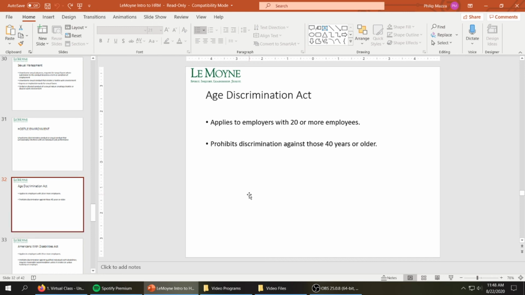Age discrimination applies to employers with 20 or more employees, and that prohibits discrimination against those 40 years or older. So once you hit 40 years of age, you are protected by the Age Discrimination Act.